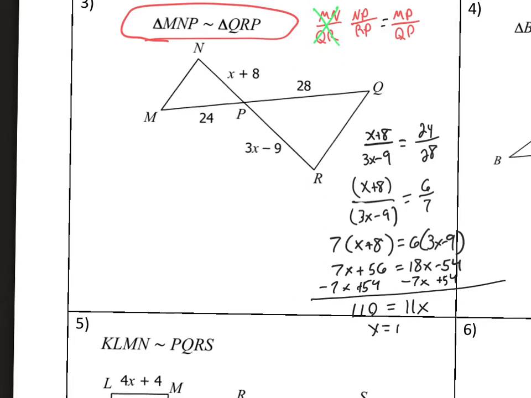So x will equal 10. Now, if we put this back into these problems, NP would be 10 plus 8, which is 18. And PR would be 3 times 10, 30, minus 9, which is 21. But we don't have to put it back in. We just need to know that x equals 10.